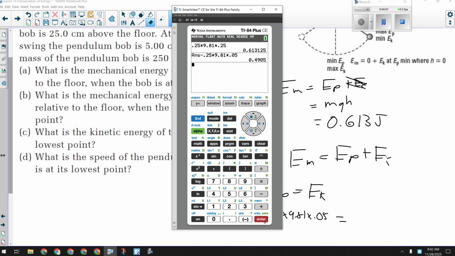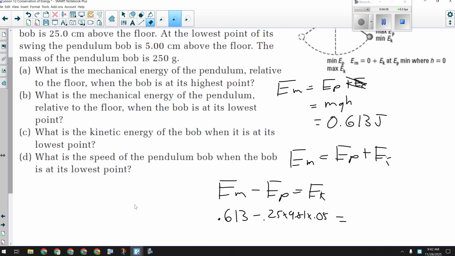Okay, so it has 0.4905 joules worth of kinetic energy at that lowest point.